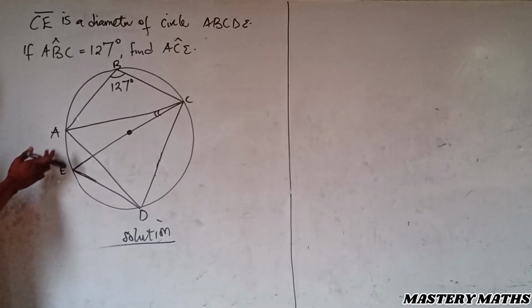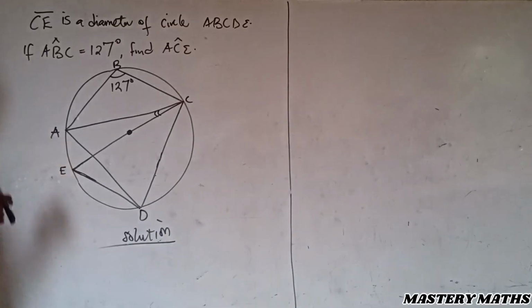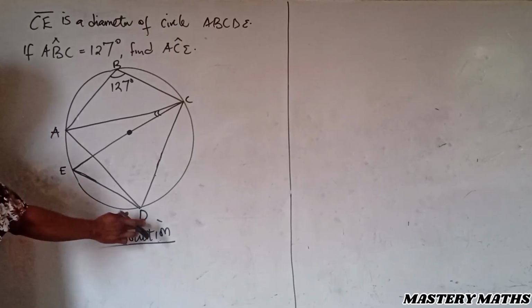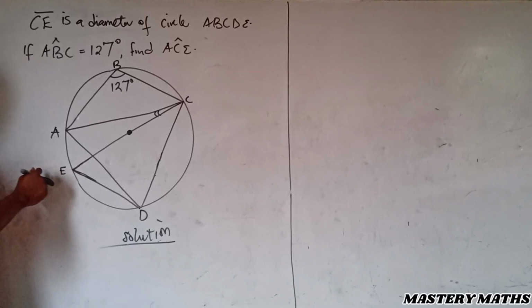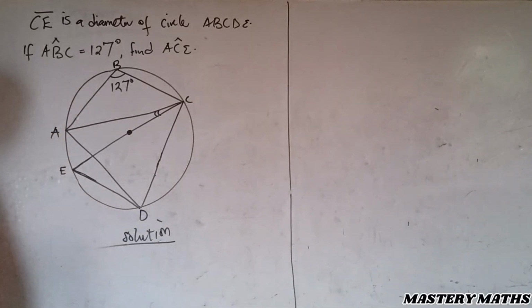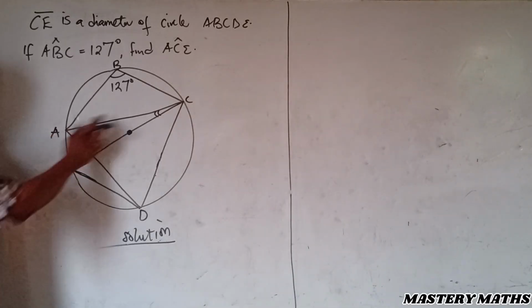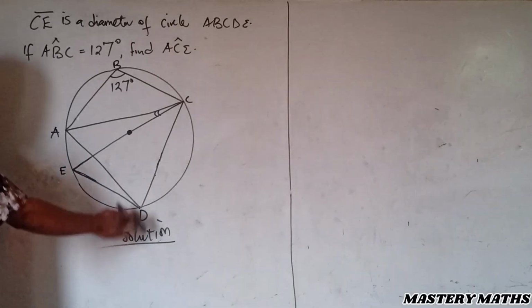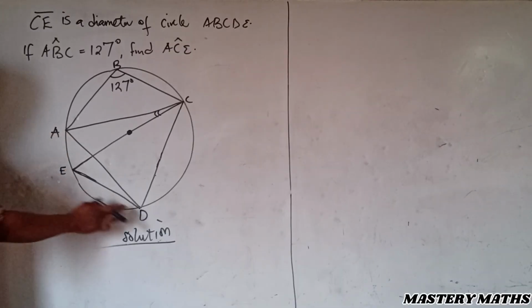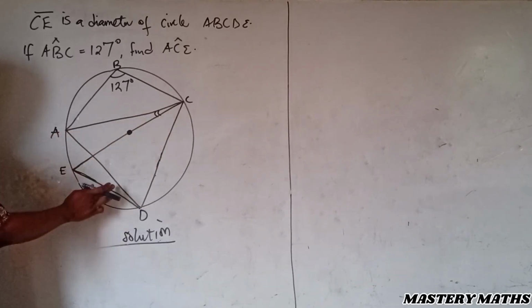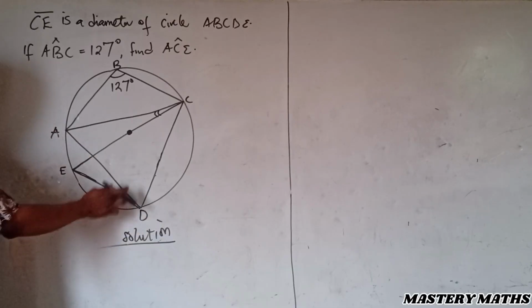Before we can get our ACE, first of all, we need to solve for EDA, because EDA will give us our ACE, since angles in the same segment are equal.